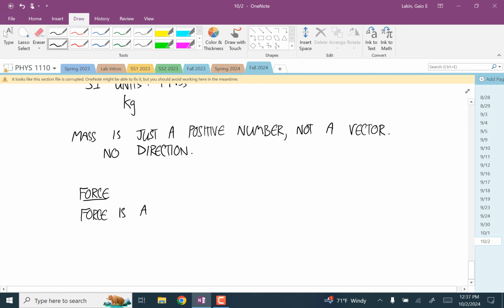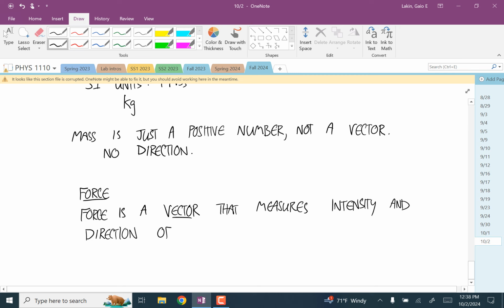Force is a vector that measures the intensity and direction of a push or pull.